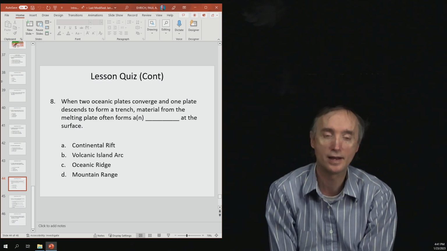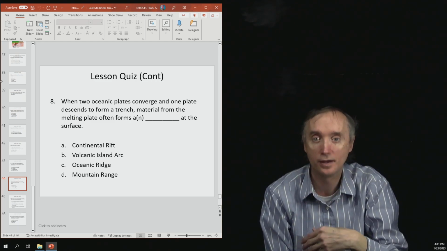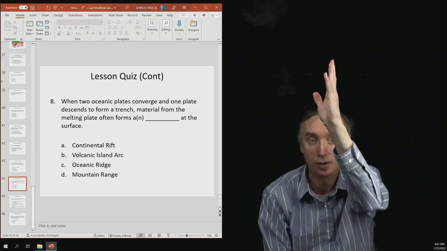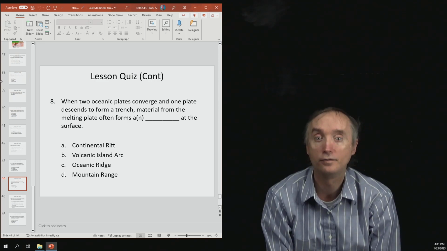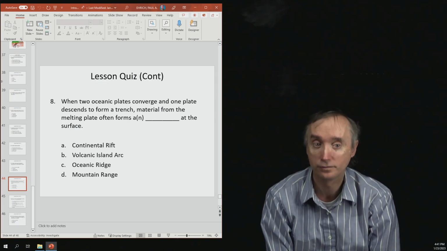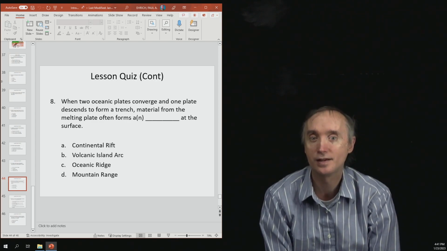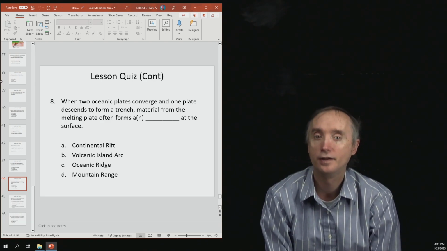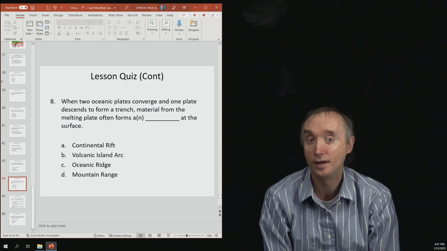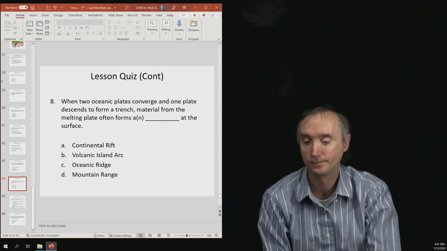What happens to that descending plate? It melts, and then the lighter materials go up to the surface to make a volcanic island arc. The reason it's not the mountain range is it says two oceanic plates are colliding. If it had been oceanic and continental, then mountain range might not have been such a bad answer.